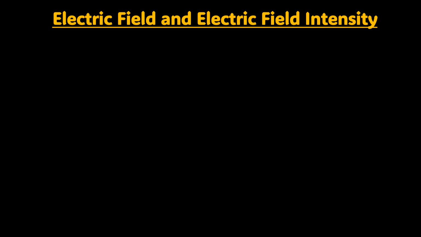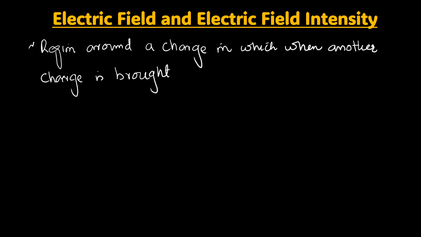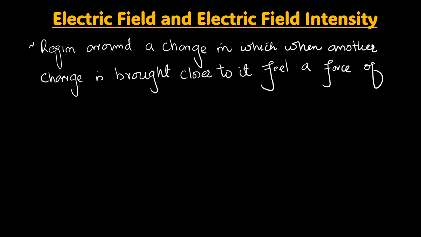So we can write the definition of electric field as: electric field is basically a region around a charge in which, when another charge is brought closer to it, it feels a force of attraction or repulsion.